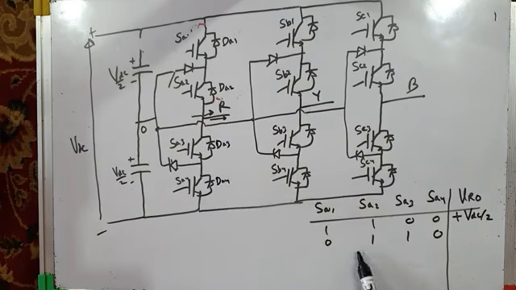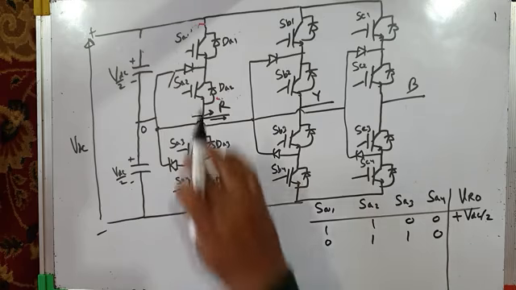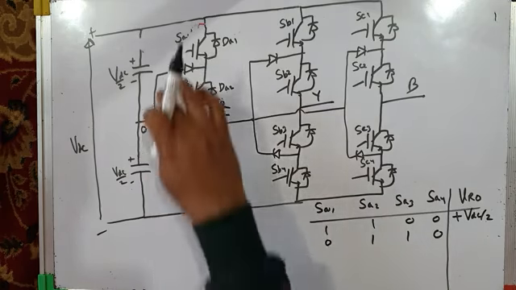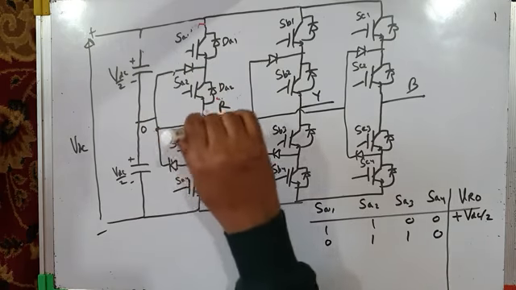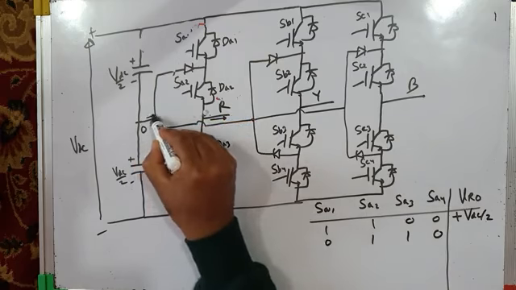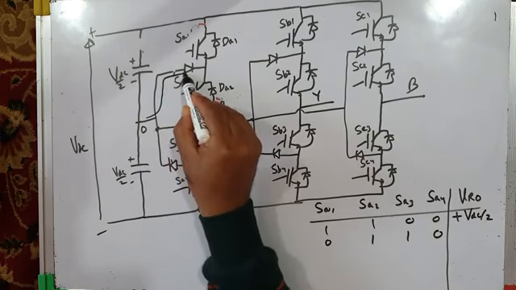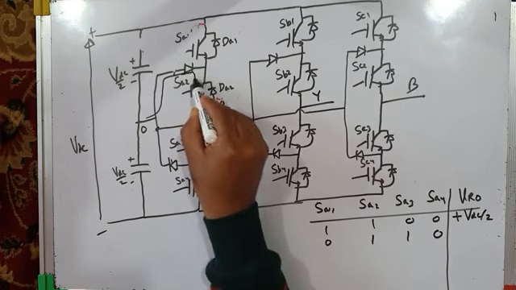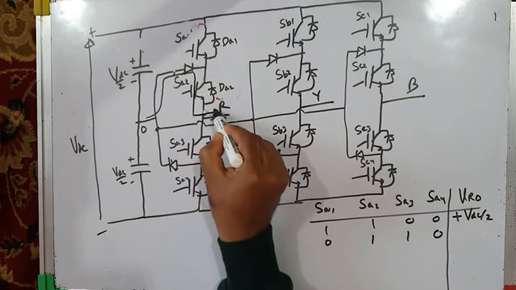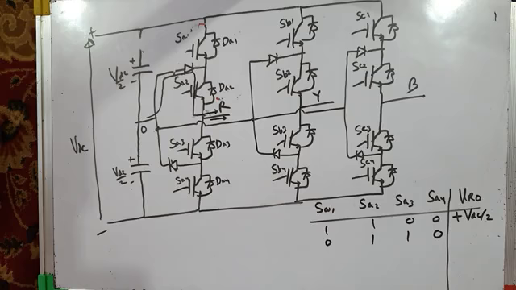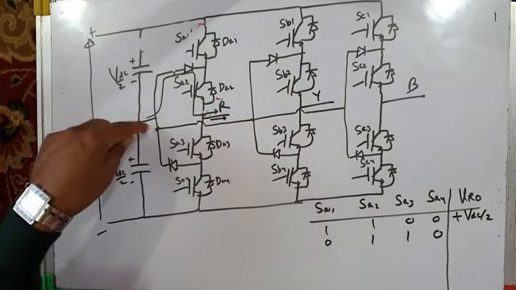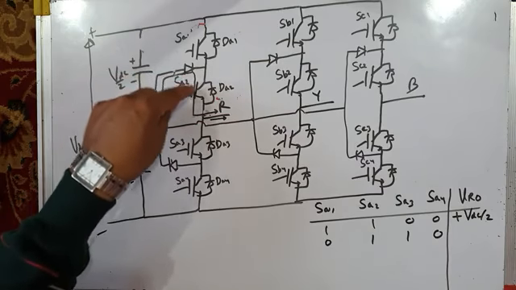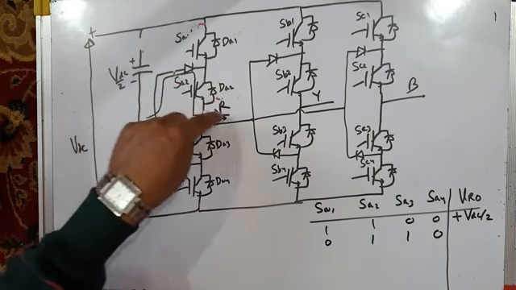Now the middle two switches, SA2 and SA3, have high gating pulses. When the middle two switches have high gating pulses, the direction of current may be like this, and the current will flow through this clamping diode and then through switch SA2, because SA2 is conducting like this. For this direction of load current, this clamping diode and IGBT switch SA2 will conduct like this.